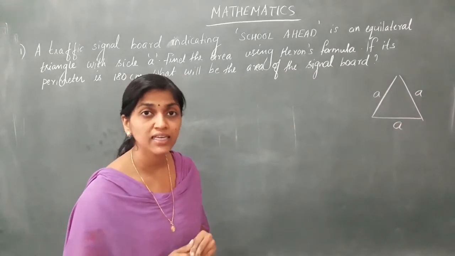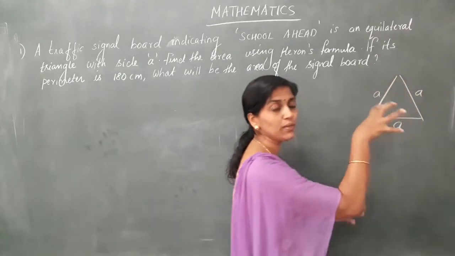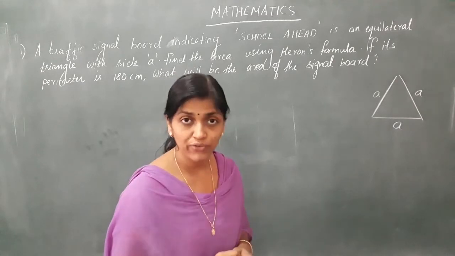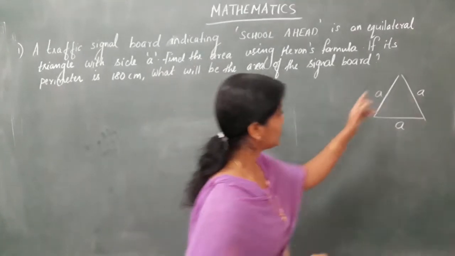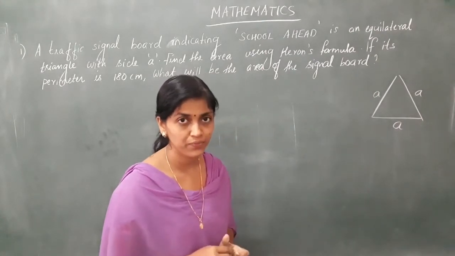All the sides are equal. So, if such a triangle is given to us, what will be the area? Or we are going to study the area of an equilateral triangle with side A units. Is it clear?